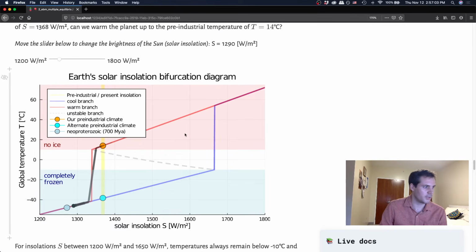So if you start in this triangle, you're going to shoot up to this warm one. If you start in this lower triangle, you're going to shoot down to the Snowball Earth. And indeed, when we actively change the solar radiation, we are going to change along these lines. And so that's how dynamical systems theory can be really helpful for climate. These kinds of plots show up all the time in the climate system.